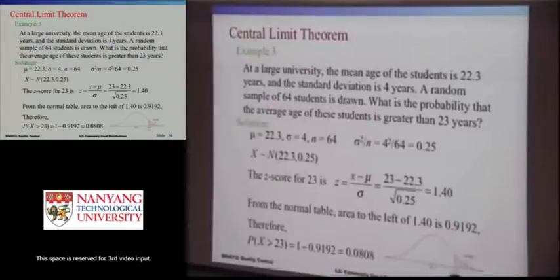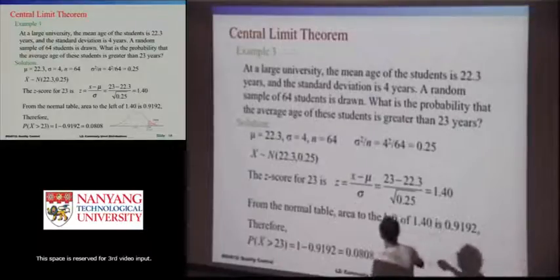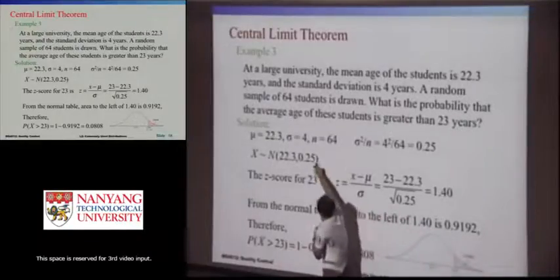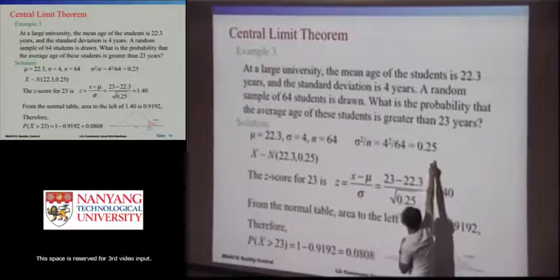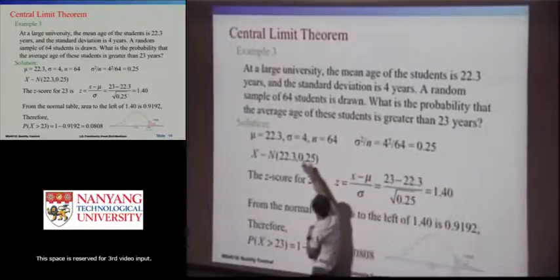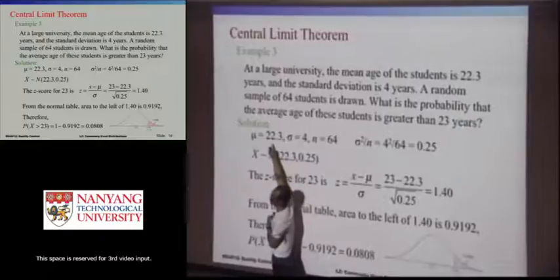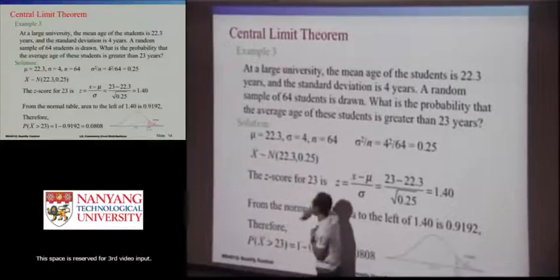So this is the original population. We get mu is 22.3, sigma is 4. And this is the average of 64 students. It should satisfy a normal distribution, right? Then mu x bar equals mu, so we put 22.3 here.